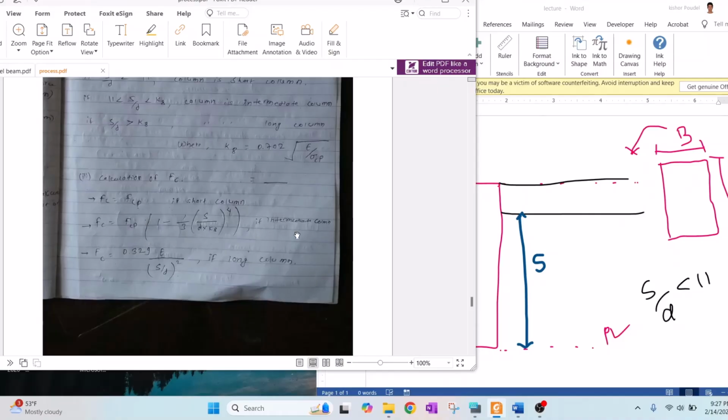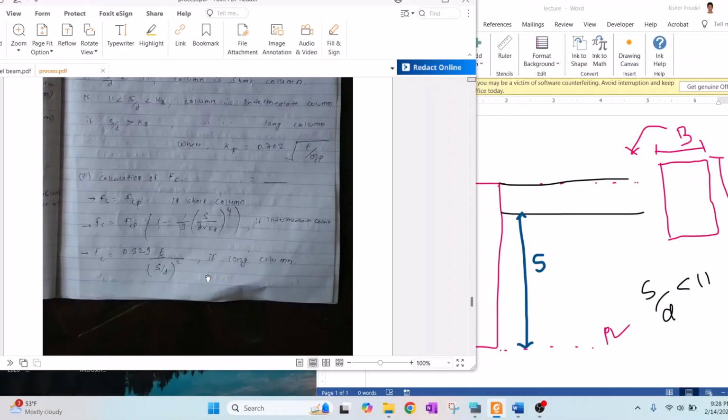But if the column is an intermediate column, we have to modify the value of FCP by this modification factor, which is 1 minus 1 by 3 multiplied by (S by D divided by K8) to the power 4. This is for the intermediate column.